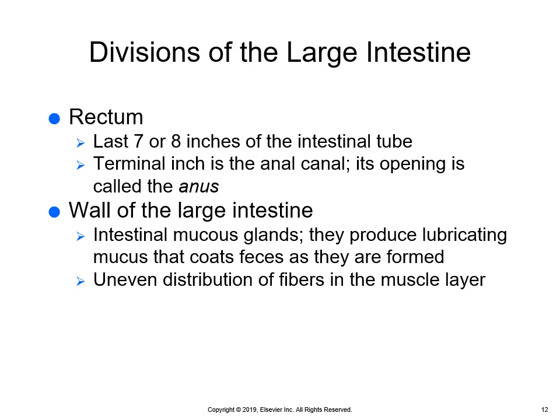The anal canal and also the anus, that's the terminal inch of the rectum. So it basically forms the anal canal. And the anus is basically the last portion, which is that external opening, which waste will exit the body.